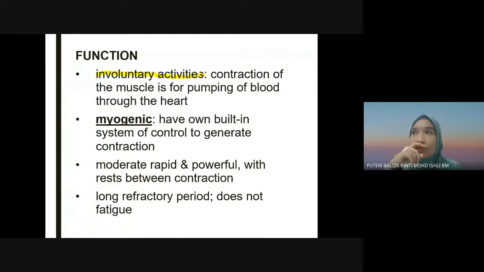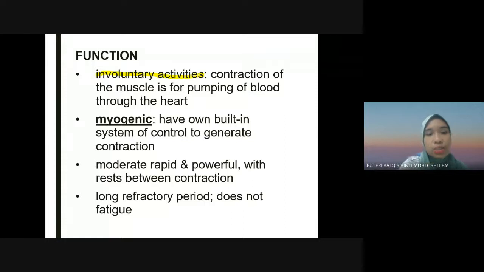Kalau jadi laju atau jadi slow tu, itu sebab hormon. Contoh tiba-tiba heartbeat jadi laju bila kita nervous. Itu sebab hormon lah tu. Kalau untuk yang general, function of cardiac tissue is for involuntary activities.